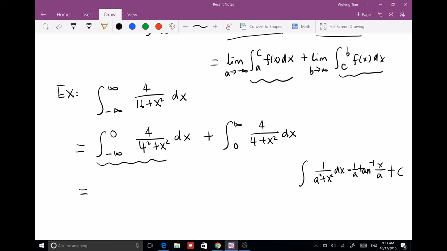Taylor, could you please help me with this one? Well, we can rewrite that as 1 over 4 inverse tangent of x over 4. Where is the limit? It'll be from negative infinity to 0.